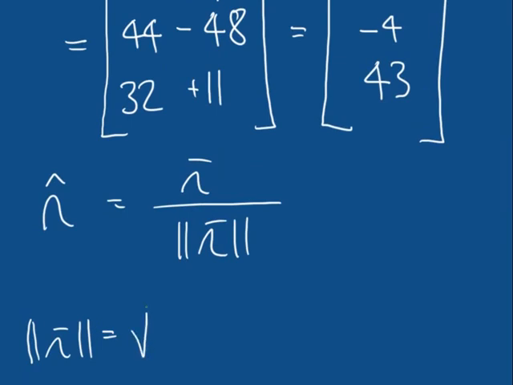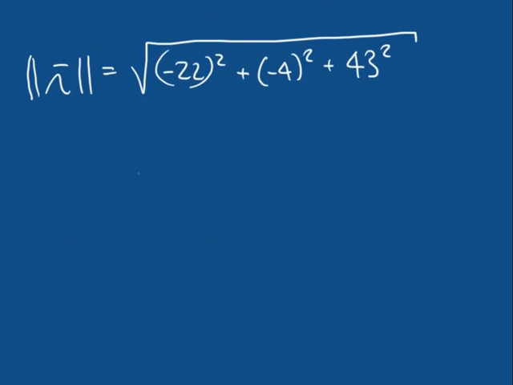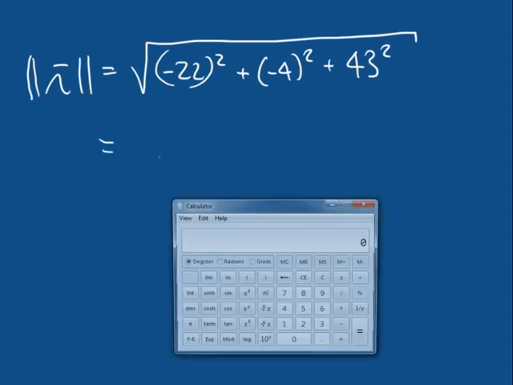The length of n we know is equal to the square root of x squared plus y squared plus z squared. X is minus 22, so minus 22 squared, plus y is minus 4, squared, plus z is 43, so 43 squared. I'm not even going to attempt to work this out in my head, so I am going to bring up a calculator.